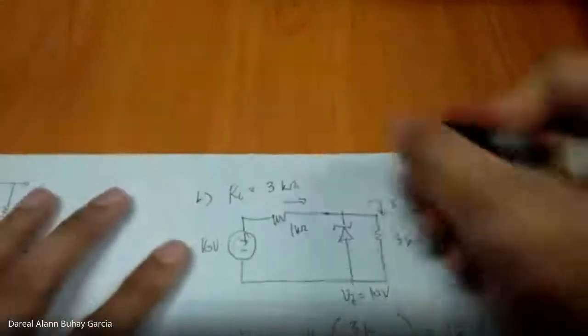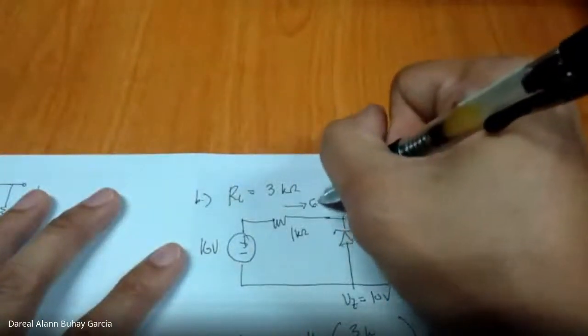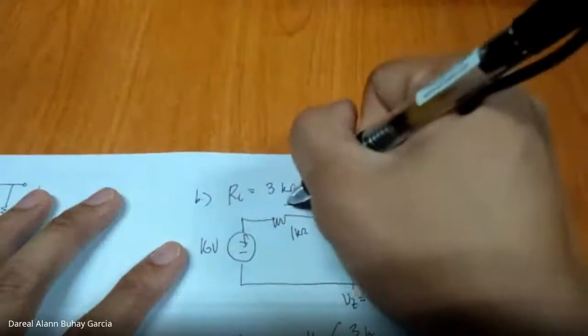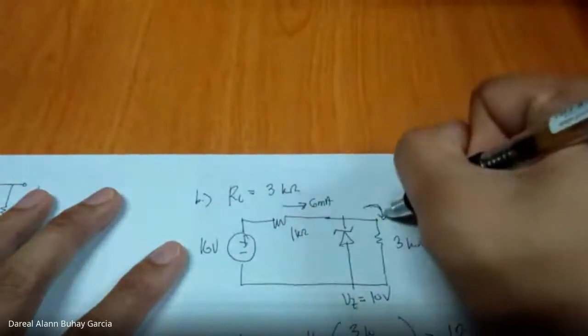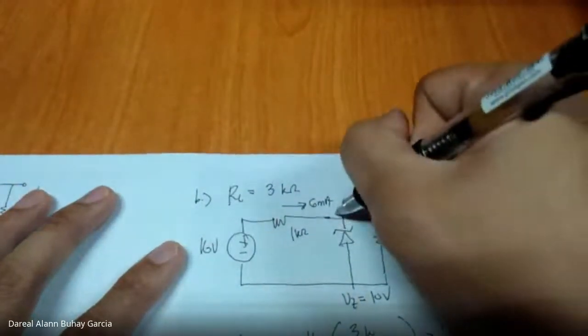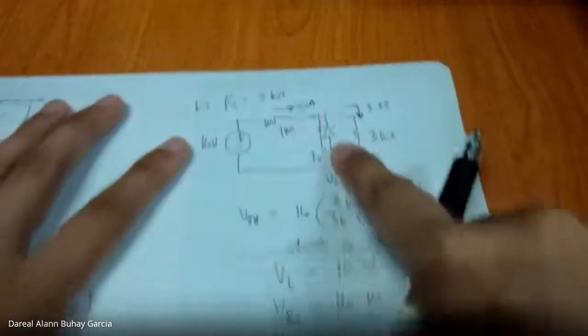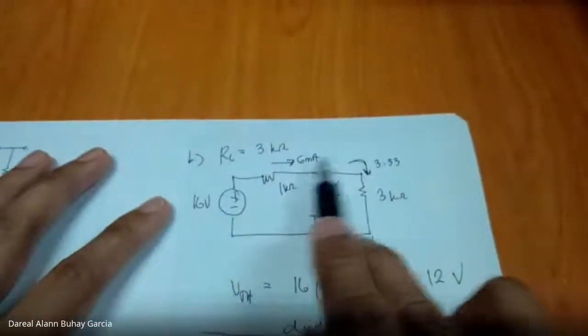Meaning, IZ, if this is 6 milliamperes, which is IS, and 3.33, how much is the current going to IZ? Or the going to Zener diode? So using KCL, minus lang ang 3.33 from 6 milliamps.